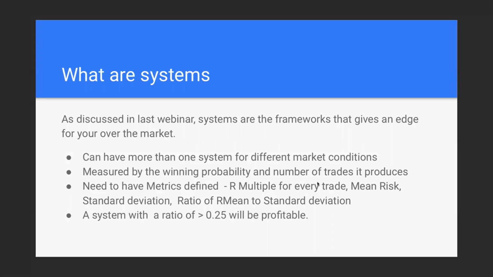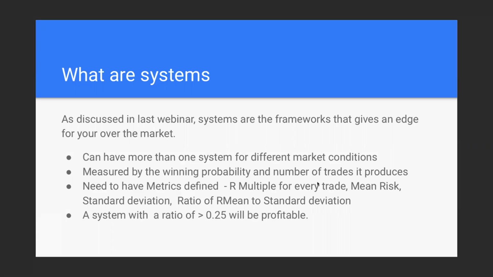One important thing is, how do you define a system? Your system should be defined by your risk. What I mean by that is how much risk you are willing to take and how much reward you are getting for it. When I say R multiple, it's the risk multiple. For example, if I am in an option trade and I put in $1,000, my risk is the whole $1,000.